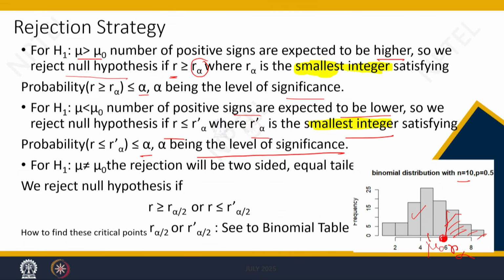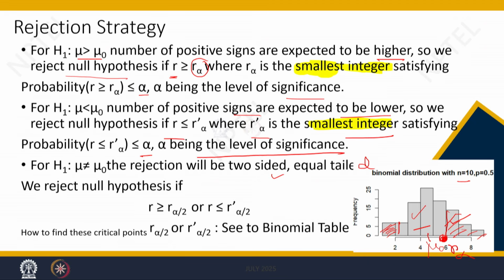For H 1: mu not equal to mu 0, the rejection will be two sided or equal tailed. We reject the null hypothesis. So, for the left tail test, rejection will be from the left side, and for the right tail test the rejection will be from the right side.